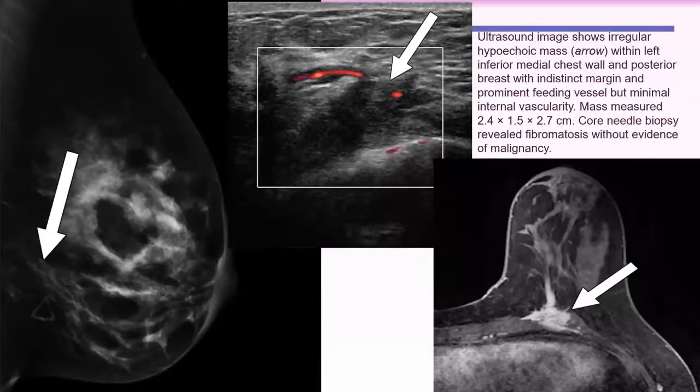And in this case, the lesion looks the same as the focal fibrosis, but has a characteristic appearance, projecting posterior of the breast over the pectoralis. What does it signify?